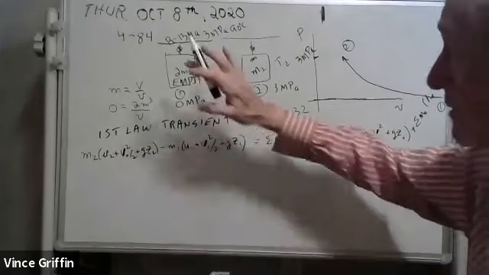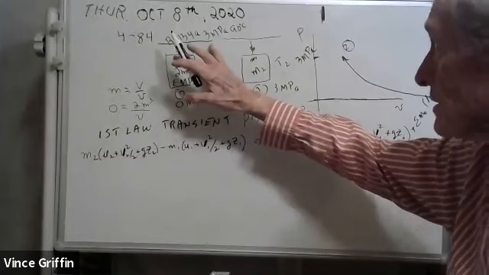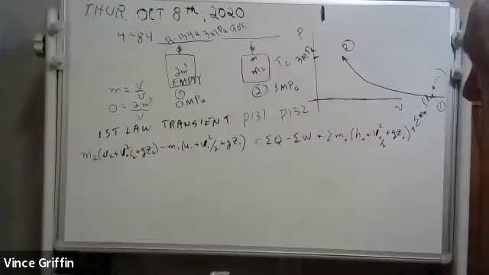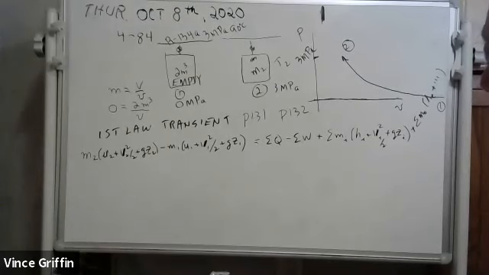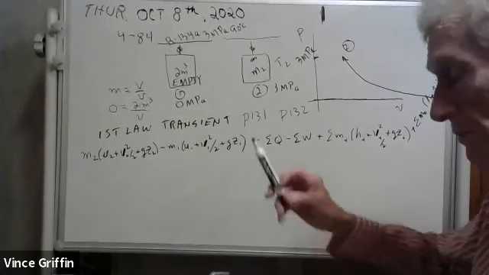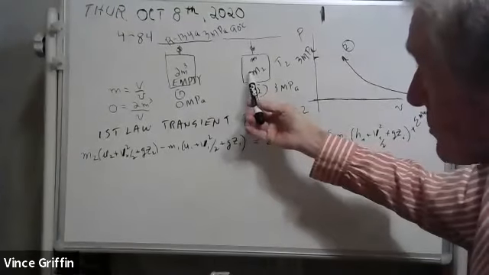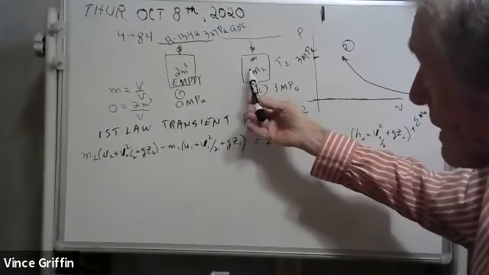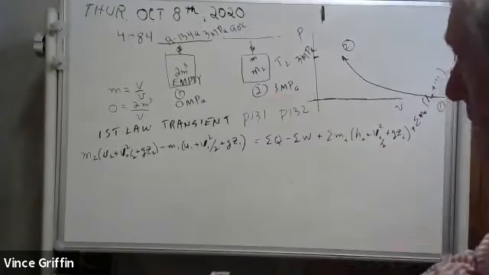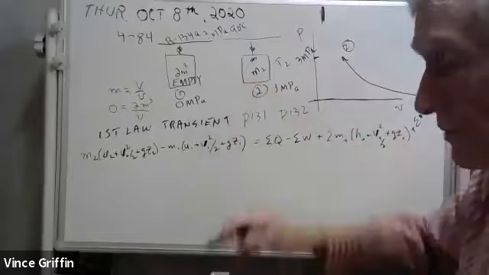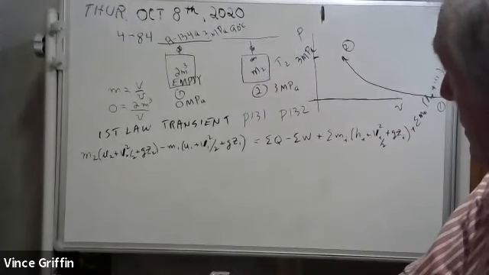Now this stuff here is at 3 megapascals and 90 degrees C. I don't know where 90 degrees is exactly, but those of you that have dealt with filling tanks like this know that these get very hot. This is going to be hotter than 90. This stuff is coming in at 90, but it's going to be hotter than 90.